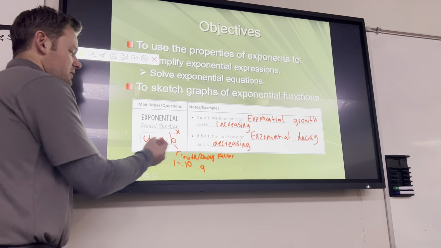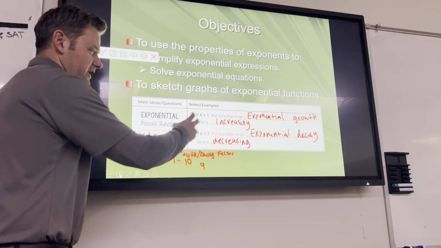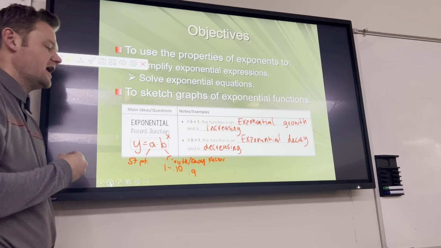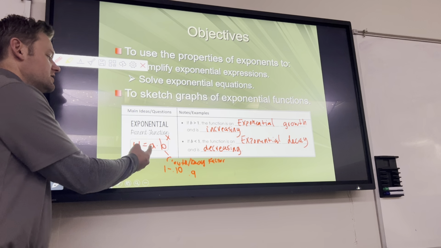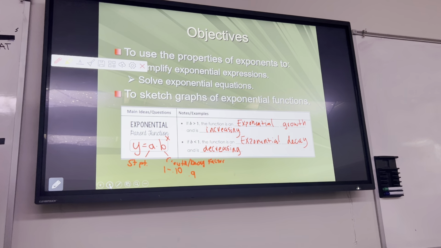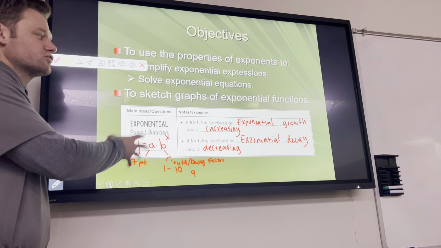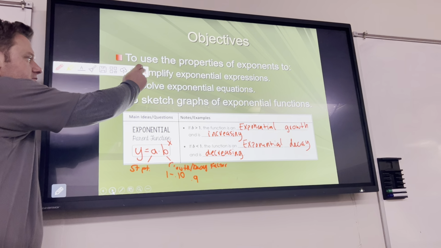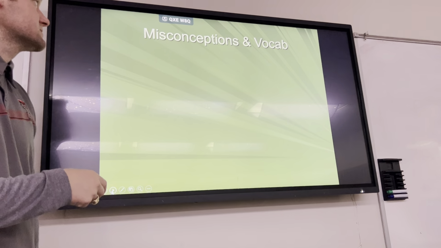So I can find my b if I know what it's increasing or decreasing by, or if I have a half-life or a doubling time, and I can always find my a, which is the starting point. So I should be able to write exponential equations from word problems. All right, go ahead and go next.